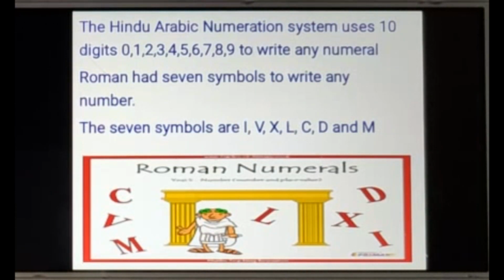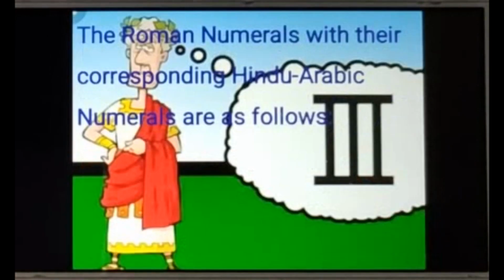Those 7 symbols are I, V, X, L, C, D, and M. Every symbol represents a digit or a number that I'm going to tell you about. So the Roman numerals with their corresponding Hindu-Arabic numerals are as follows. The relation between the Roman numerals and Hindu-Arabic numerals I'm going to discuss now.